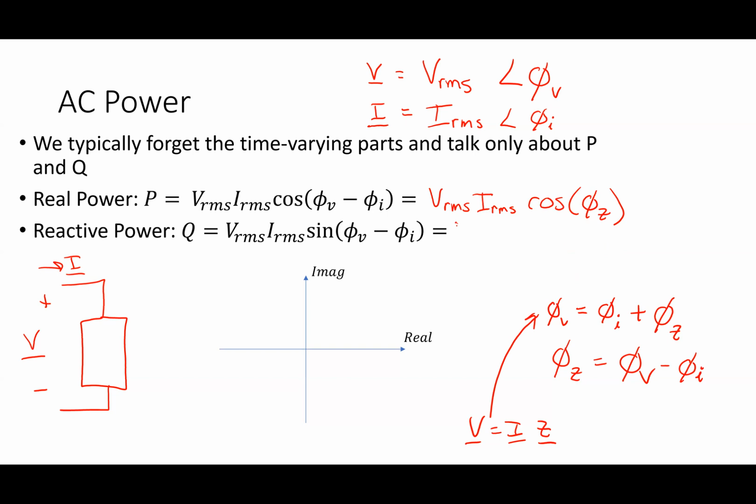This is VRMS, IRMS, sine of phi Z. If I look at P and Q, I've got the same magnitude times the cosine and the same magnitude times the sine.